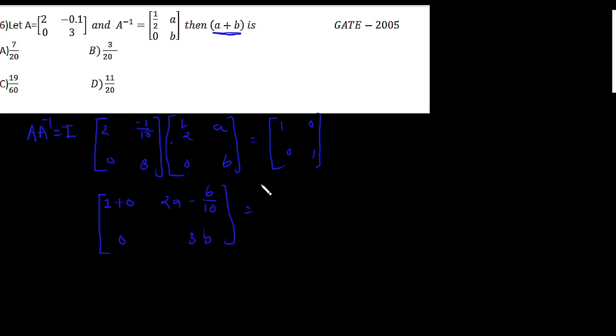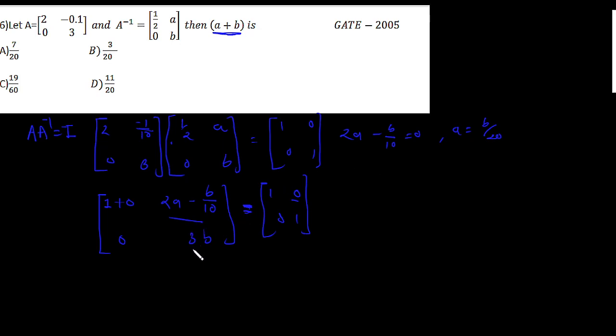Close the matrix and equate it to the identity matrix. Now at the equal sign, we compare the corresponding elements of both matrices on the left hand side and right hand side, and we can solve for the variables a and b. From this element and this element, 2a minus b by 10 is equal to 0, so a is equal to b by 20.